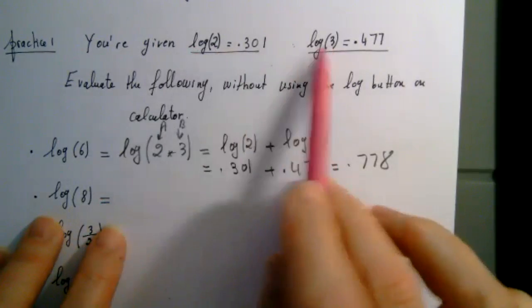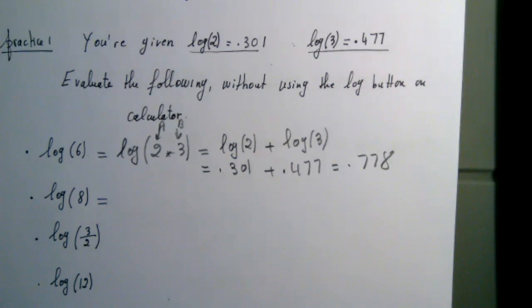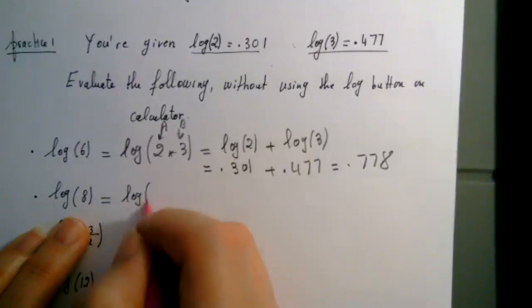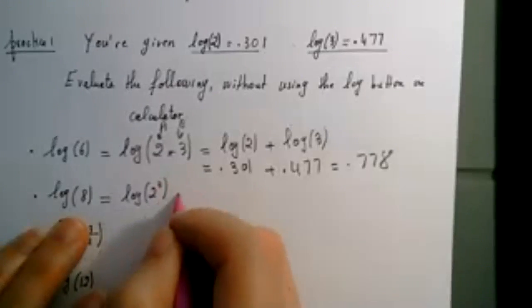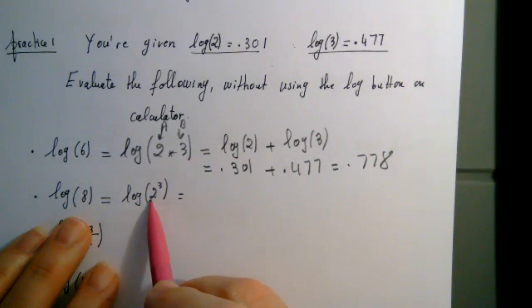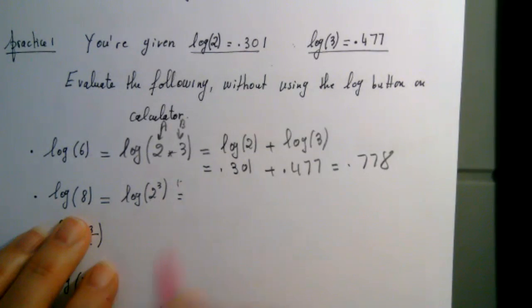Okay, what's the log of 8? Use those to give me the log of 8. What do you think I am after? Unfortunately, I did it a minute ago. 8. I'm going to write it as 2 to the power 3. A is 2. And so here I'm using the second property.